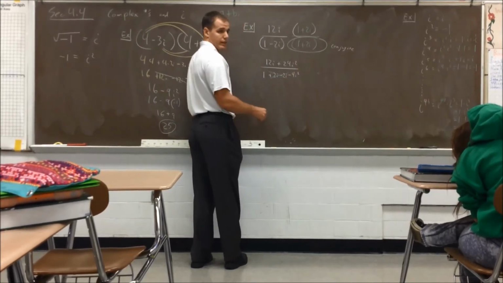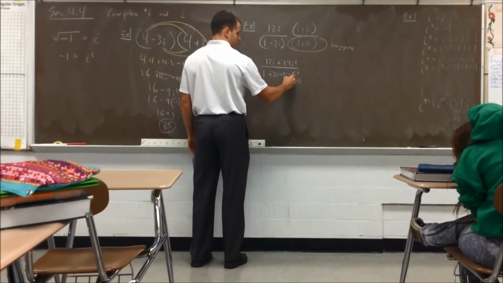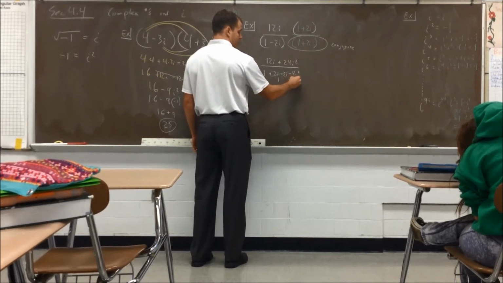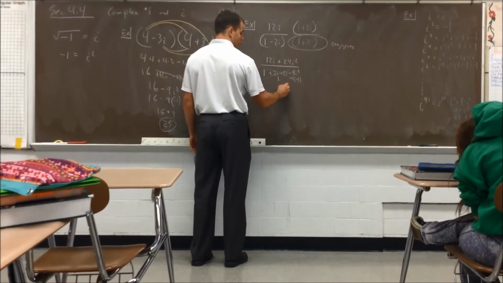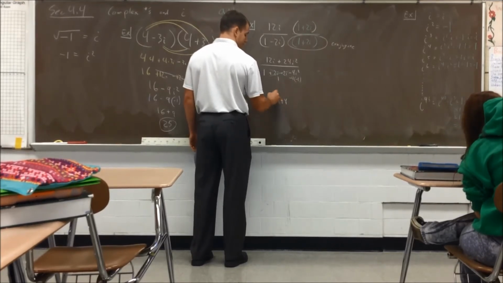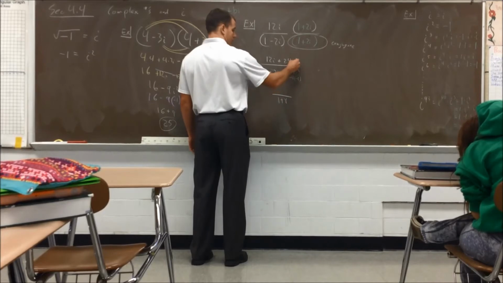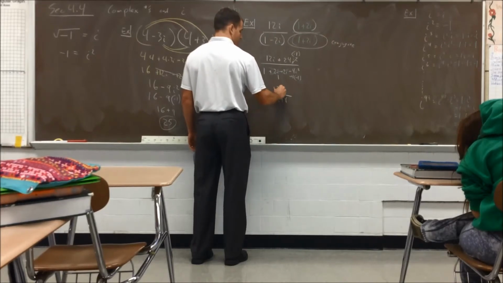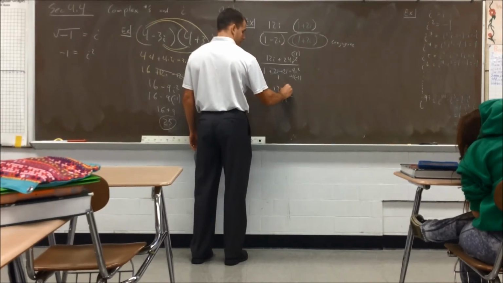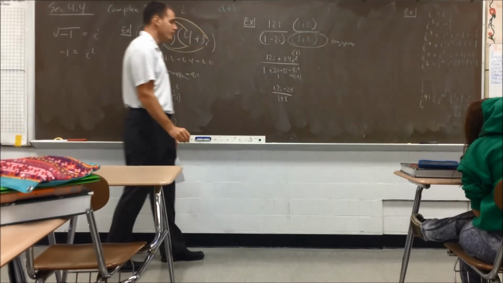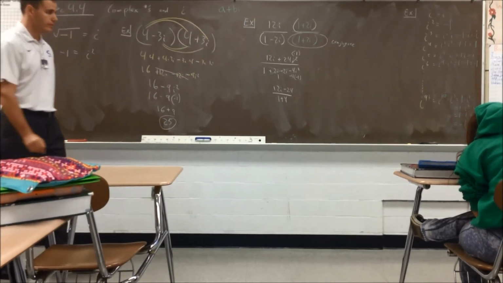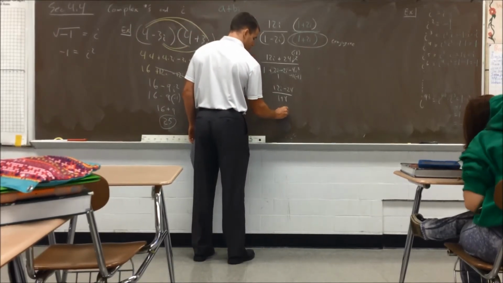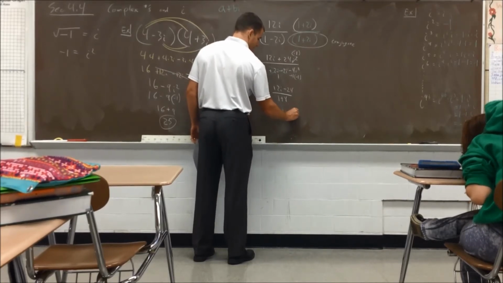And i squared is really negative 1. So I'm going to really have 1 minus 4 times negative 1, so the bottom's really just 1 plus 4, isn't it? On the top, i squared, well, we know that's really negative 1. So it's going to be 12i minus 24. So if we simplify a little more, it's going to be 12i minus 24 over 5.